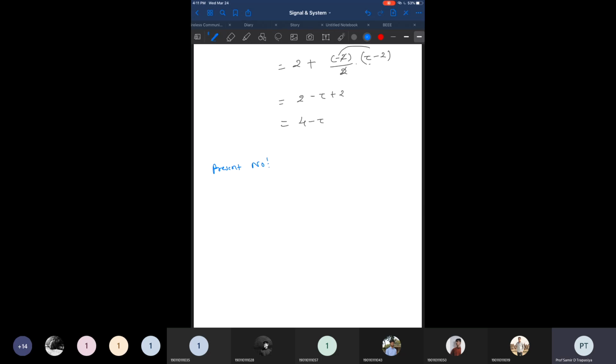Nobody is present between 1 to 5. Between 6 to 10: 6 is present, 7 is present, 9 is present, 10 is present.